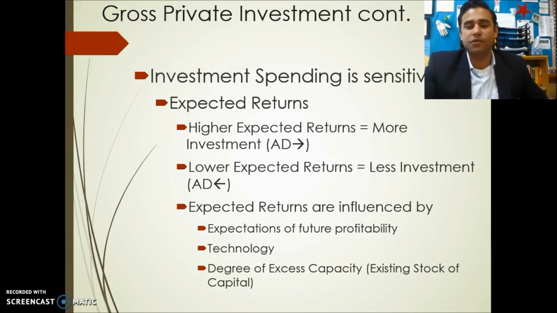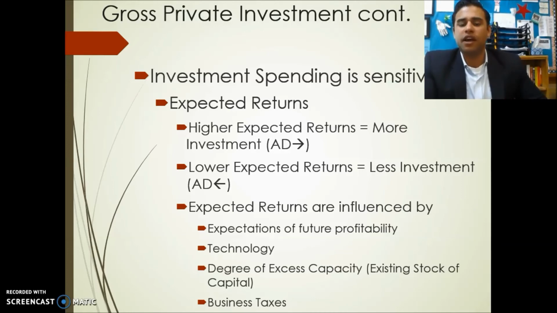Is there already a bunch of stuff you have that you're not using? Well, if that's the case, you're probably not going to invest very much. And then finally, business taxes. Business taxes are going to factor heavily into our thinking when we get into the things that the government does. Okay, so hold on to these things. We're going to talk more about them when it comes to thinking of aggregate supply as well as investment demand.